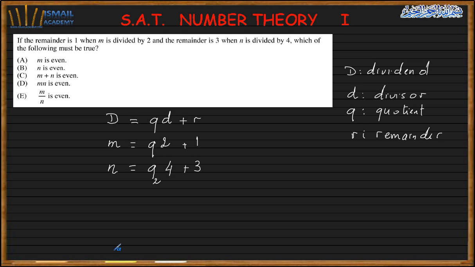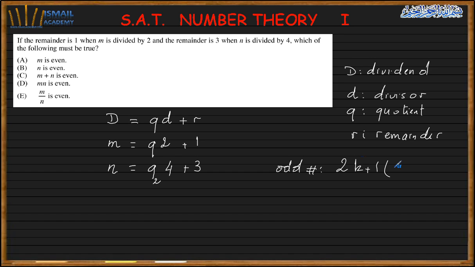Now, this notation is the notation of an odd number. Here it can be written as 2k. For example, 3 is 2 times 1 plus 1.